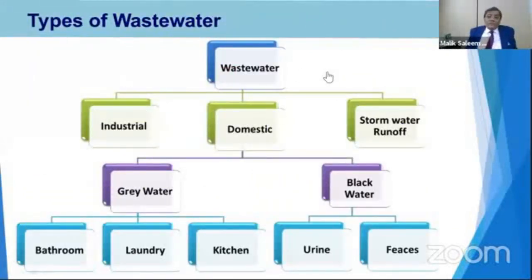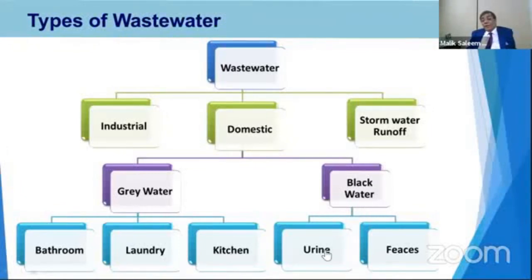Now, what is wastewater? Wastewater comes from industry, domestic, stormwater, and runoff water. In the domestic, it has gray water and black water. Gray water is the water coming out of the bathroom, laundries, and the kitchen.